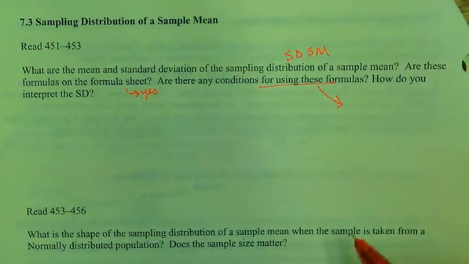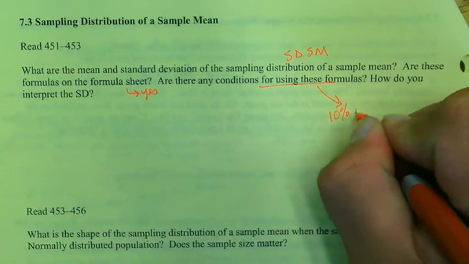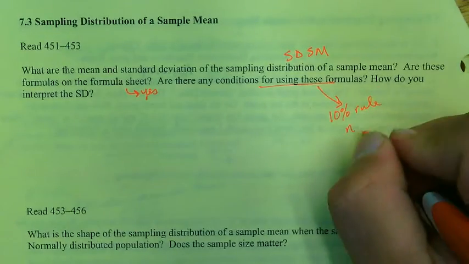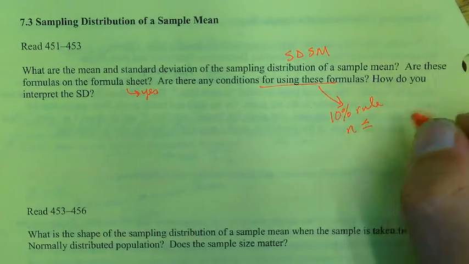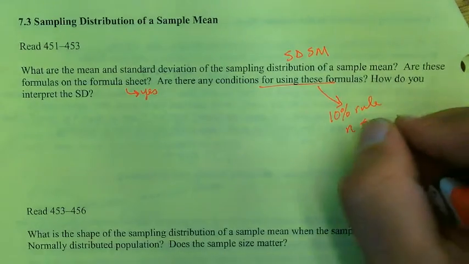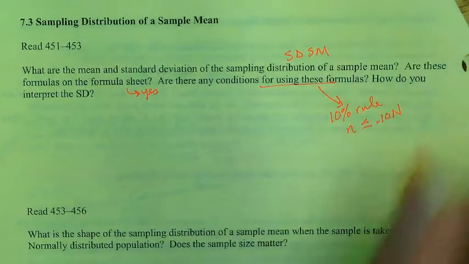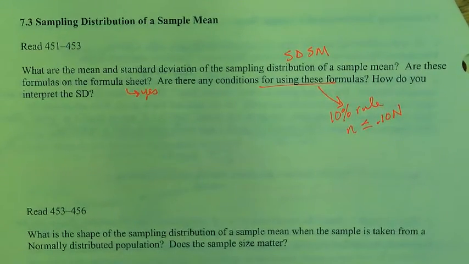Okay. What are the conditions? The conditions here are, once again, we have a 10% rule, that the sample size needs to be less than or equal to 10% of the population.